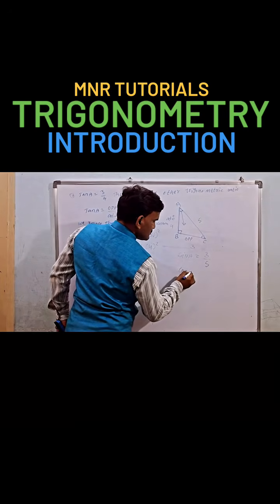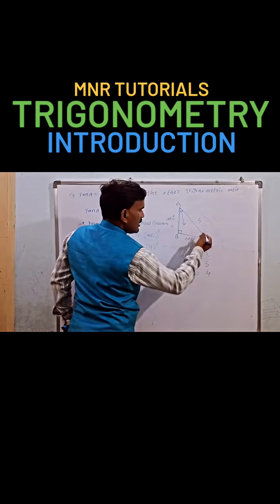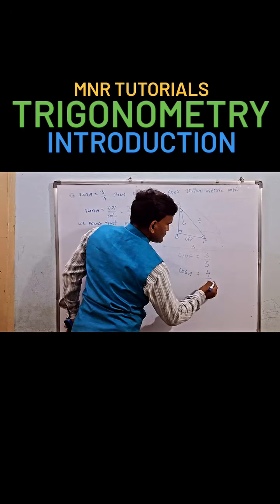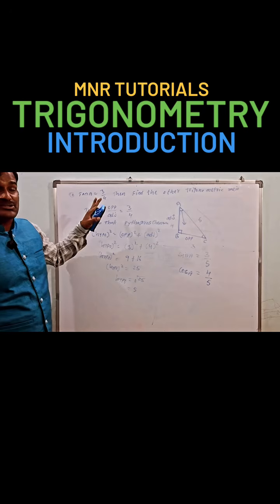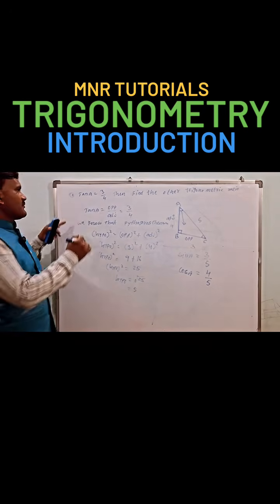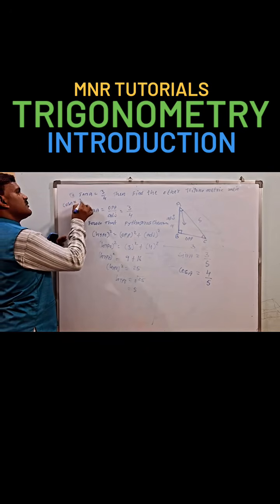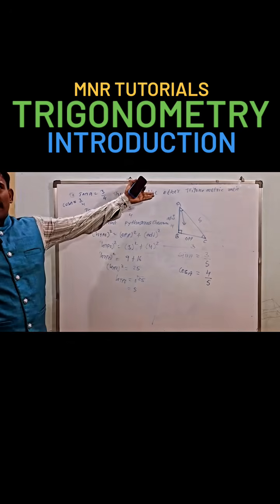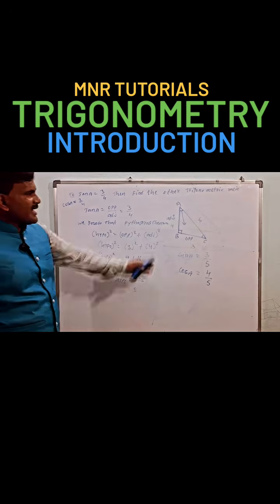Cos A is adjacent side 4 by hypotenuse 5. Sometimes the examiner asks such questions. For example, if cos A is 3 by 4, then find the other trigonometric ratios. Same scenario, same situation. Write it like this.